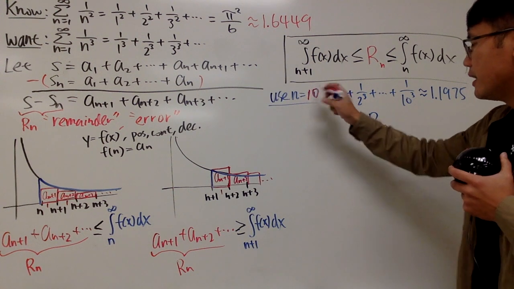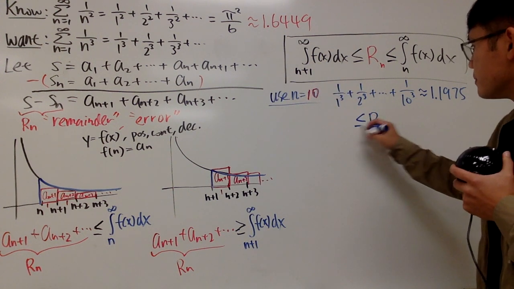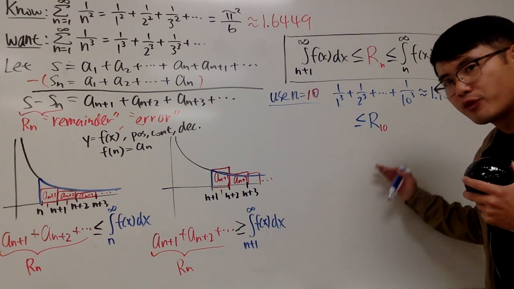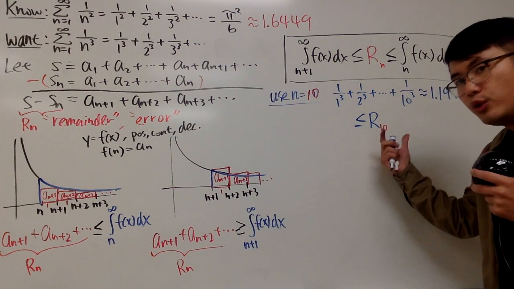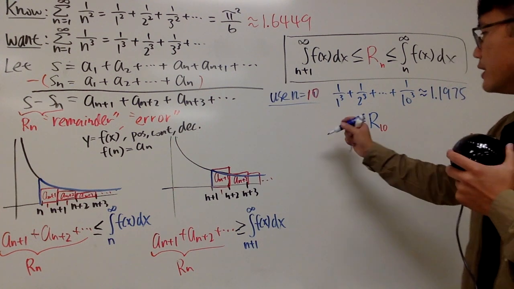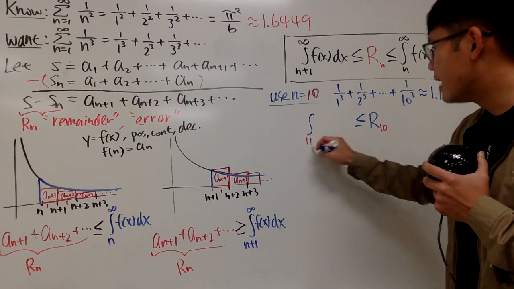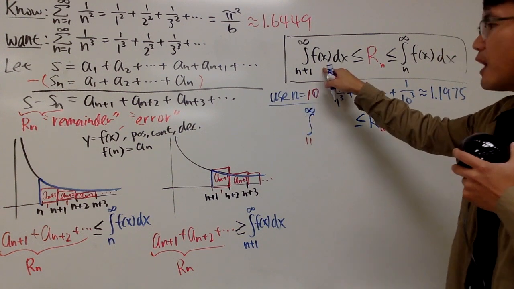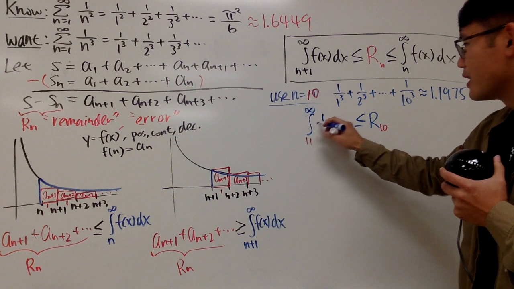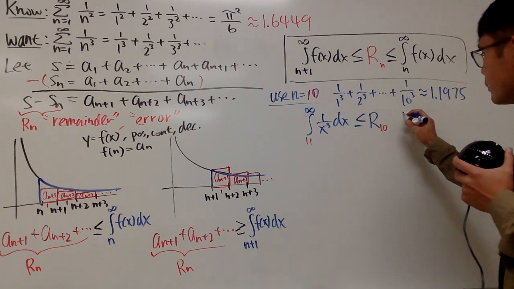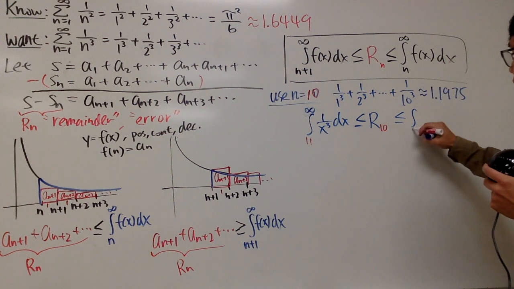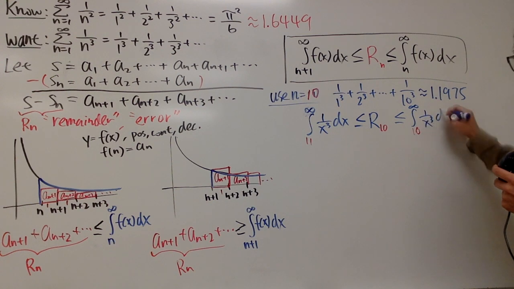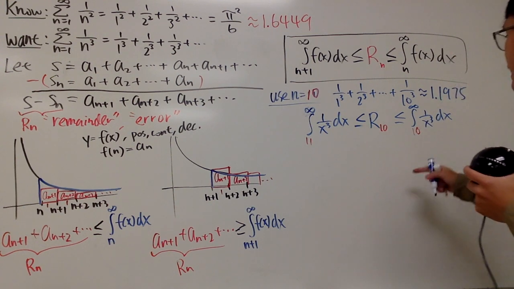This R10, meaning if you go from 1 over 11 to the third power plus 1 over 12 to the third power, and then just add up all of that, those things are going to be in between of this, which is the integral from 11, because 10 plus 1 is 11, to infinity, and the function is, of course, 1 over x to the third power, dx. And then we have the integral from 10, because n is 10, to infinity, 1 over x to the third power, dx, like this. Right? So that's pretty much the idea.